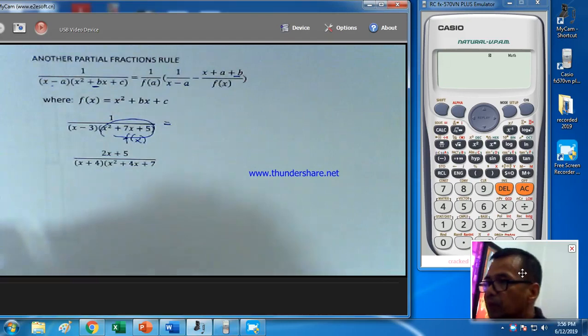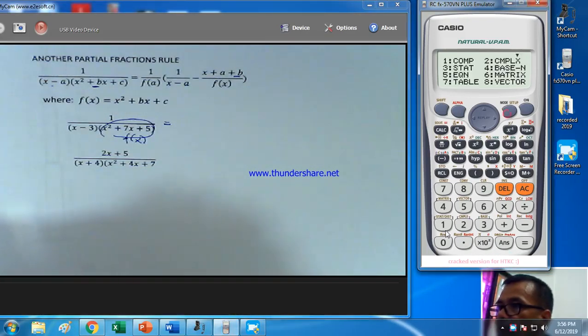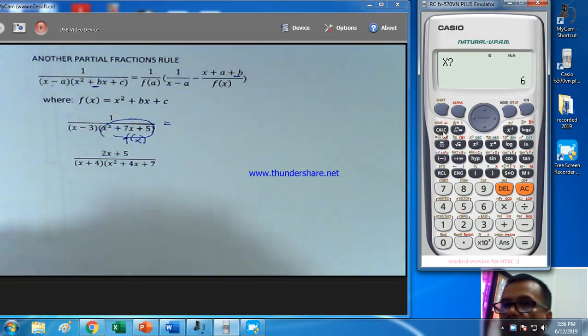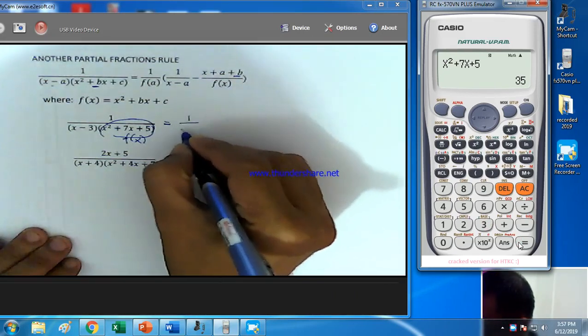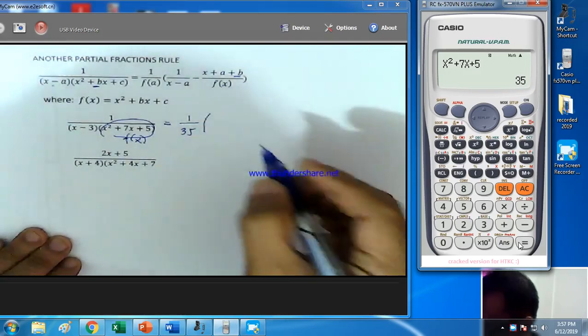So all you have to do is substitute into x squared plus 7x plus 5. Substituting 3, the value is 35. So therefore this is 1 over 35.